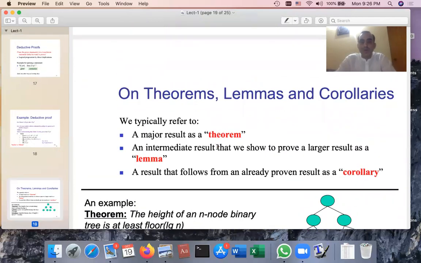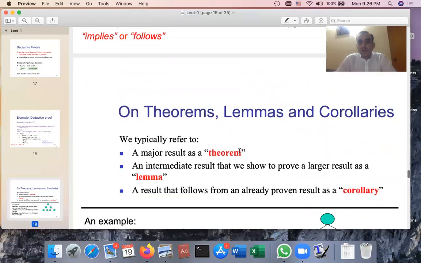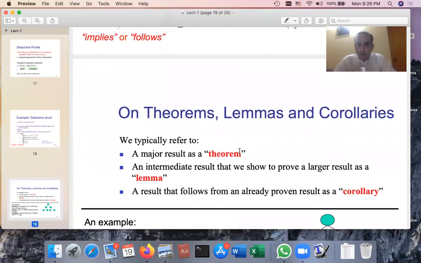And now in the next slides we have to differentiate theorems, lemmas, and corollaries. A theorem is a bigger thing, a lemma is something in between, and a corollary is a small thing. All of these are related to mathematical analysis. Generally, a theorem is called a major result.